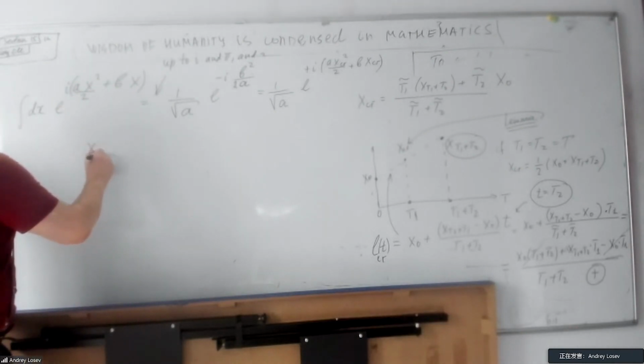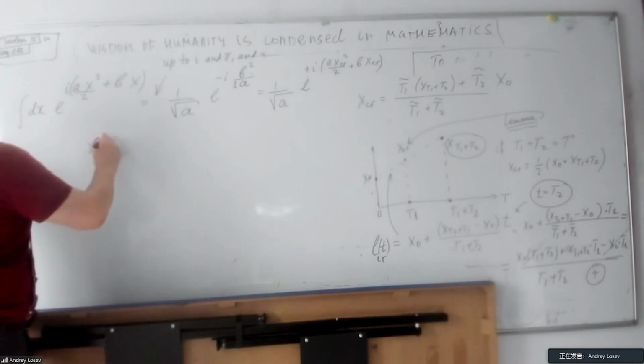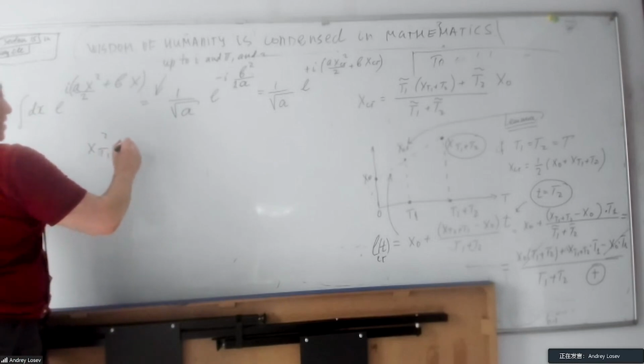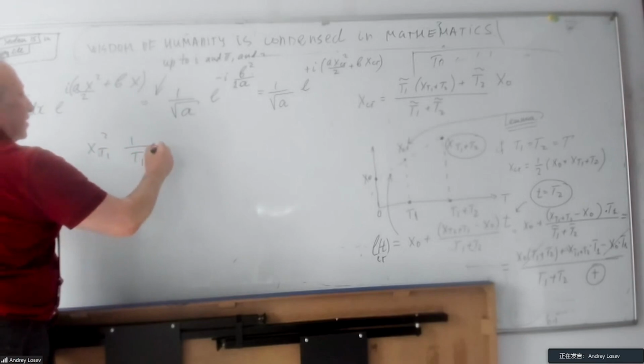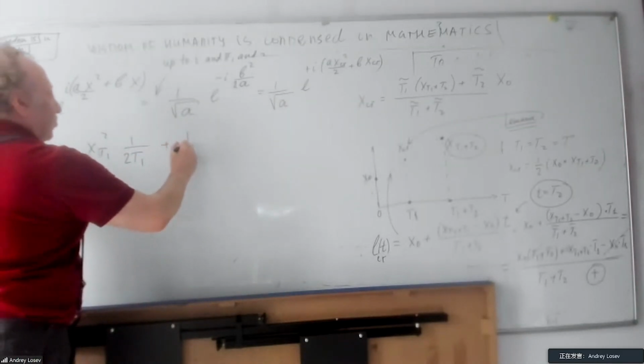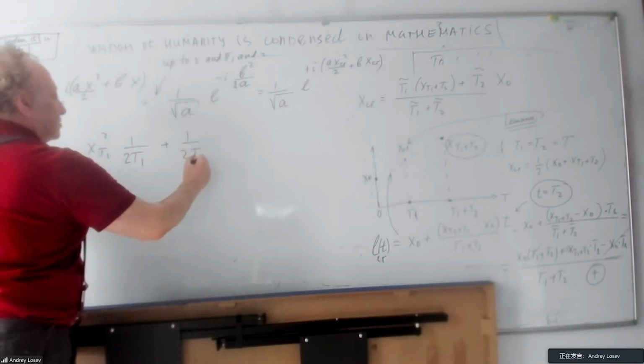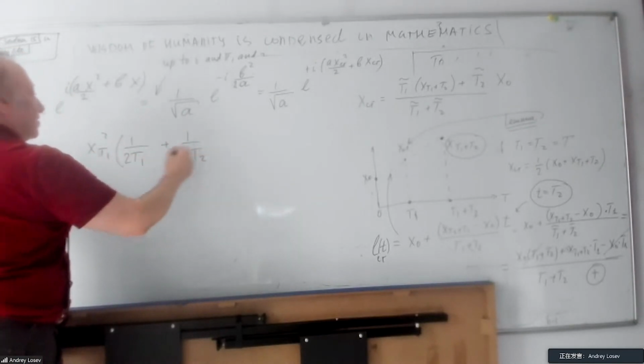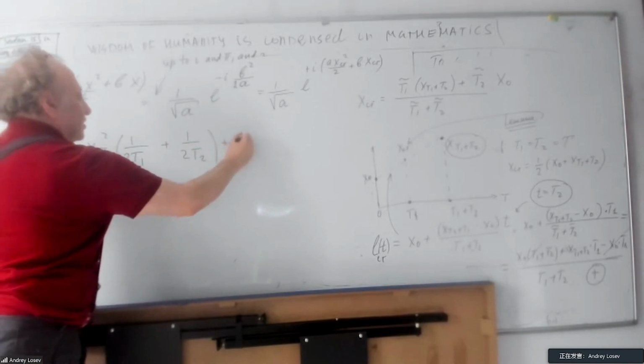We had x_{t1} squared, and we had 1 over 2t1 in front of it, plus 1 over 2t2 in front of it, plus other terms.